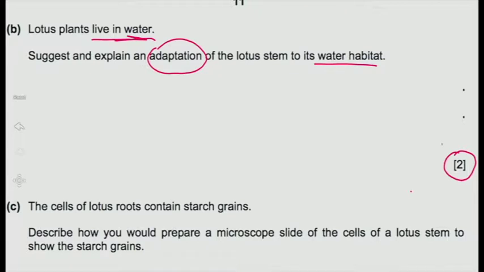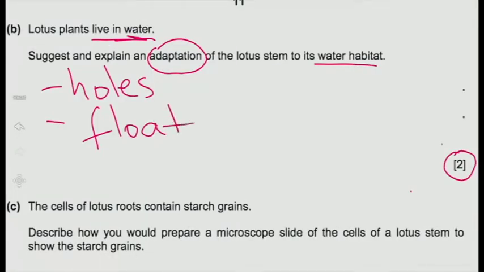So the lotus has got holes. That is an adaptation. What's the role of the holes in the stem of the lotus? They keep the lotus plant upright.